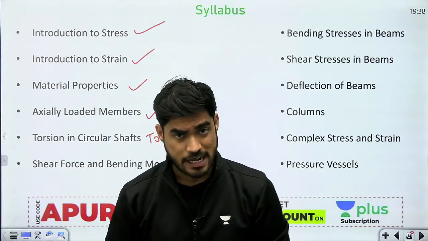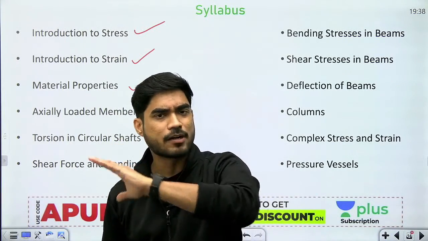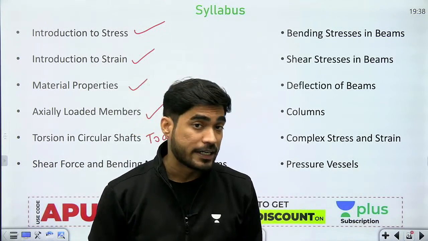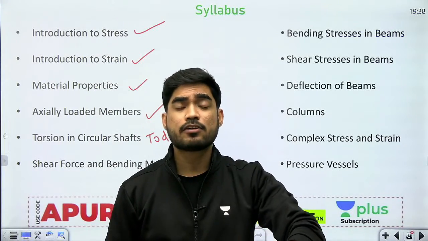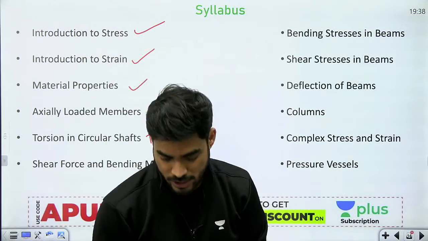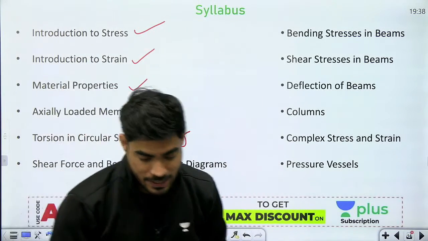Torsion in circular shaft. इस चैप्टर में हम टॉर्शन के सारे कॉन्सेप्ट्स पढ़ने वाले हैं. In this chapter we are going to cover the entire concepts of torsion in circular shaft, whatever formula you need to remember, what are the sign convention in that formula, and then we are going to solve some very expected questions from torsion in circular shaft. किस टाइप के क्वेश्चन यूजुअली आते हैं, किस टाइप के क्वेश्चन आप एक्सपेक्ट कर सकते हैं.